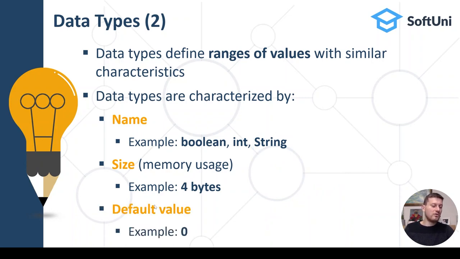And they have a default value, which means that if you don't explicitly assign a value, the value will be 0 for the primitive types, false for booleans, and also null for strings.